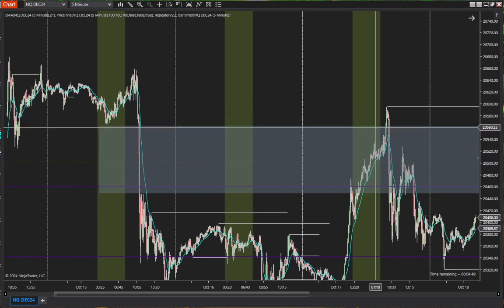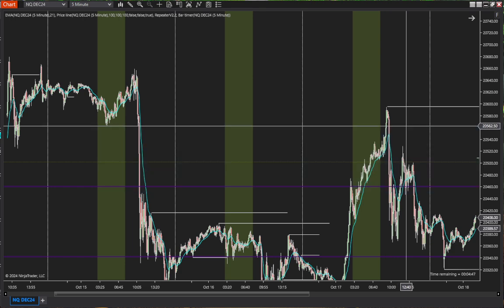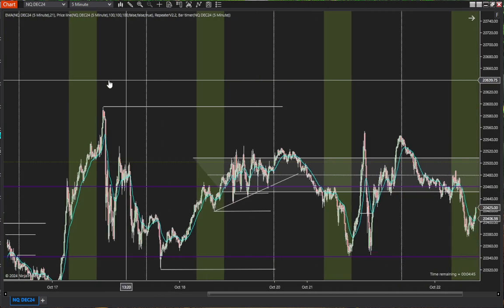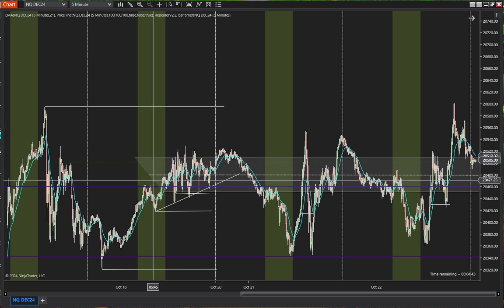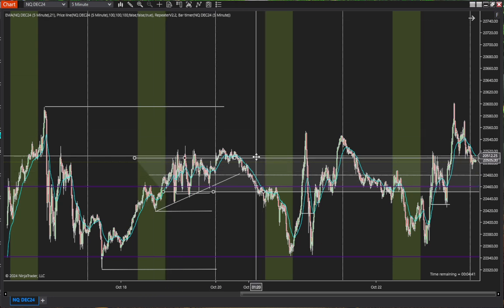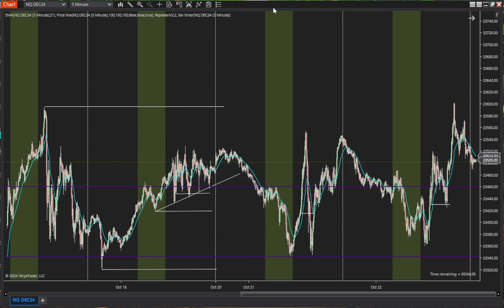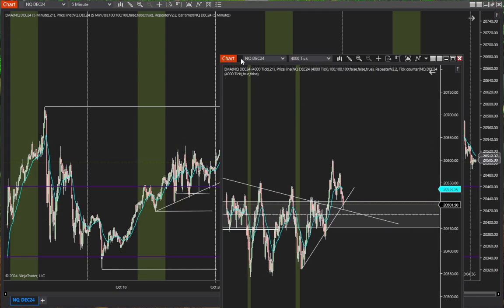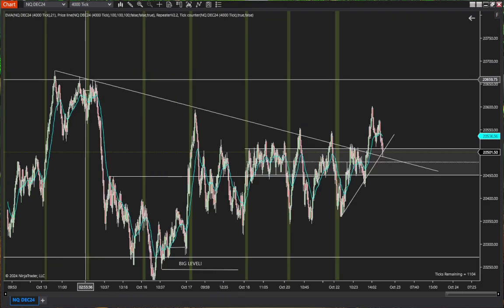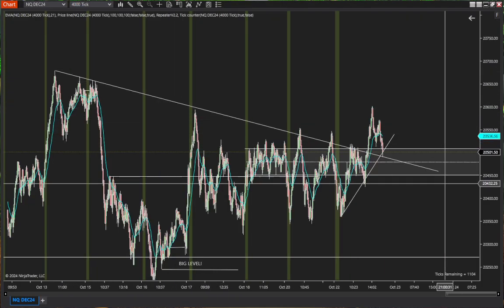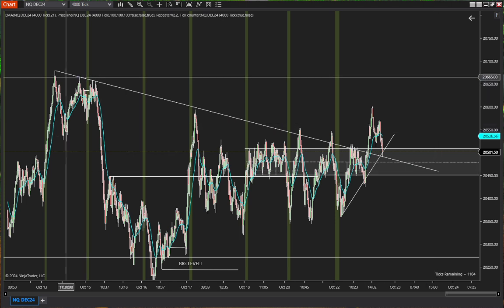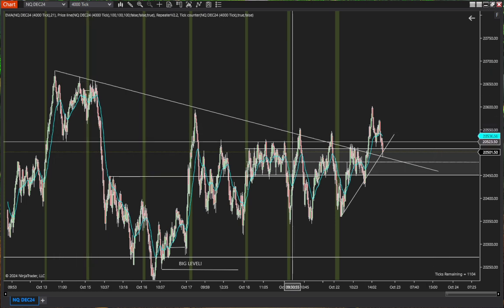Once they fill, I remove them. So today, I don't need it. But on my tick charts, I will go ahead and draw my trend lines. This trend line, right, off these wicks here, and my ranges.